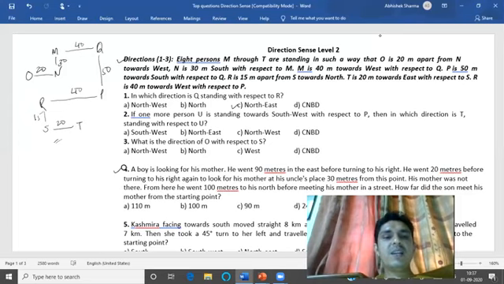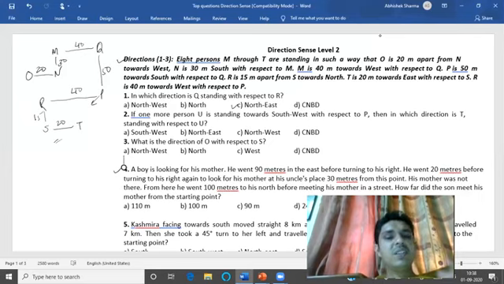Thereafter, question number two. The question is, if one more person U is standing toward southwest of P. So southwest of P can be this direction. Then in which direction is T standing with respect to U?